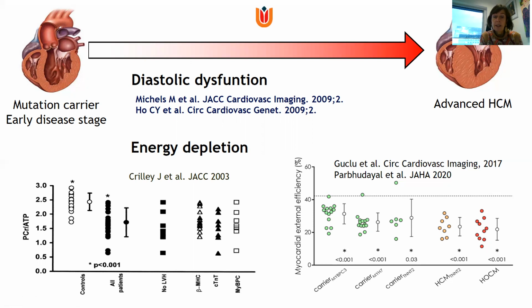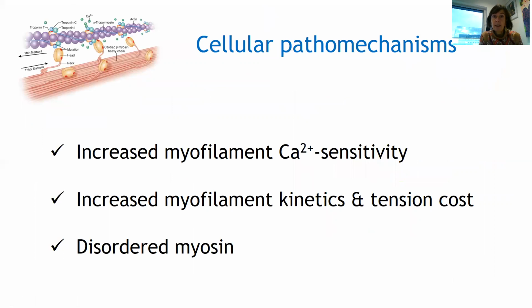So from the patient studies, we see that there is diastolic dysfunction, and there's this impaired energetic status of the heart. Now, if you then look at the cellular pathomechanisms which may underlie these changes, I'll highlight three which are very well established based on studies using proteins, using animal models, and also looking at human cardiac tissue.